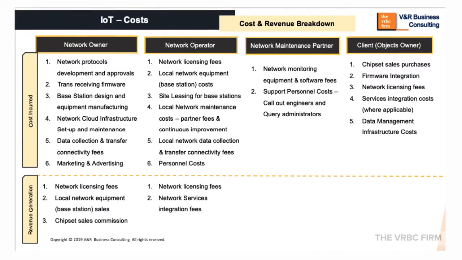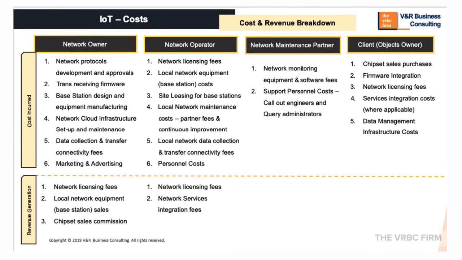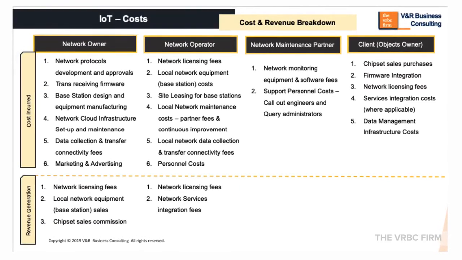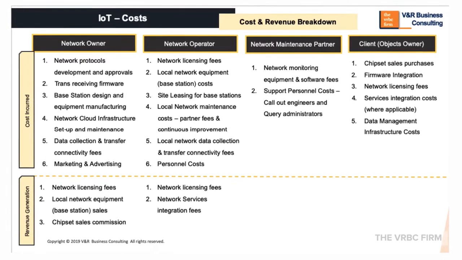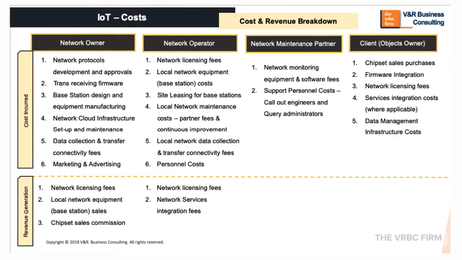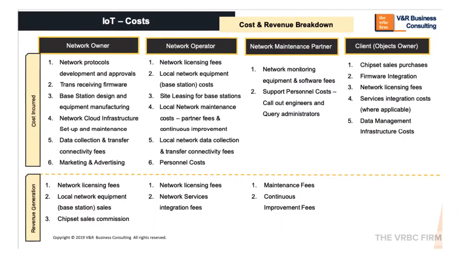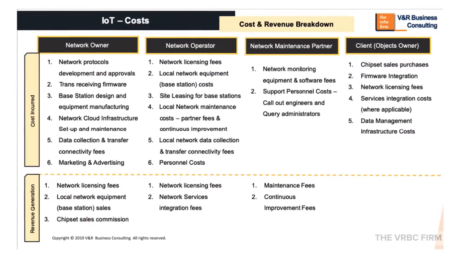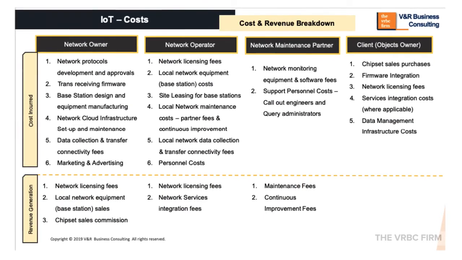They may also sell services built on top of the network for clients, such as data analysis capability, industry and function-related capabilities such as campaign management or recommendation engines. The network maintenance partner obviously charges managed service fees as well as network upgrade or extension fees where applicable.